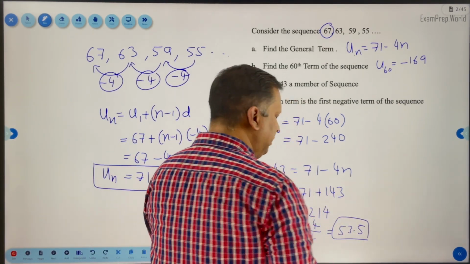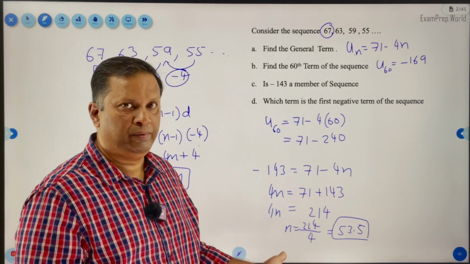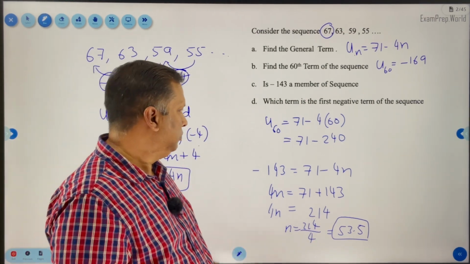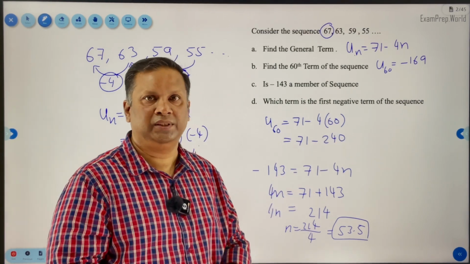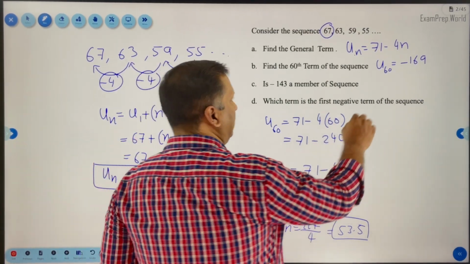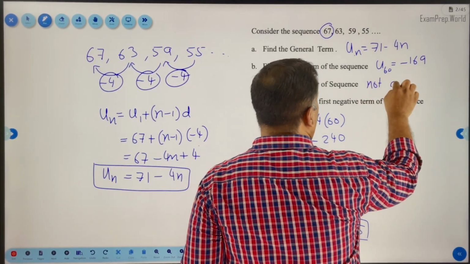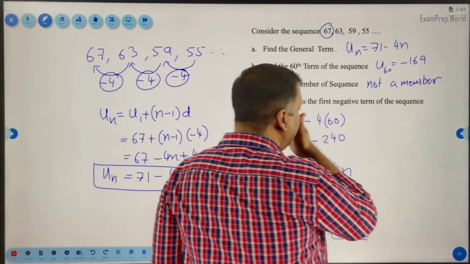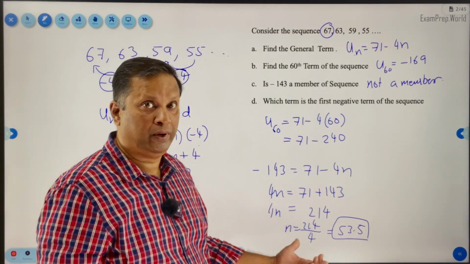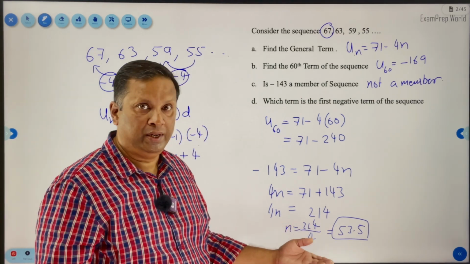We are not getting a whole number. So -143 is not a member of this sequence. If we had got a whole number value for n, then definitely it would have been a member.